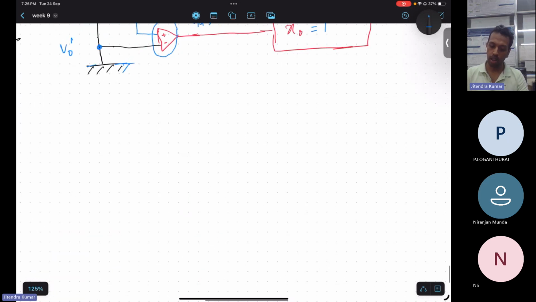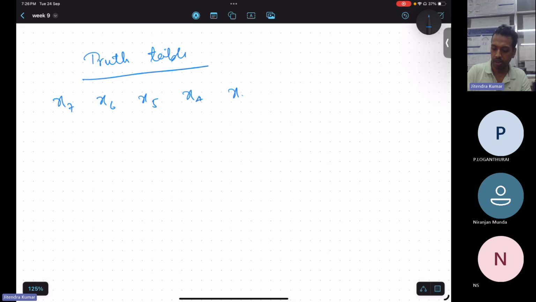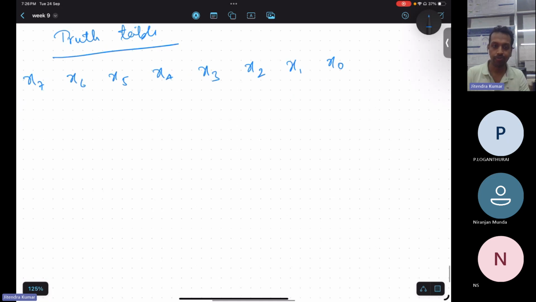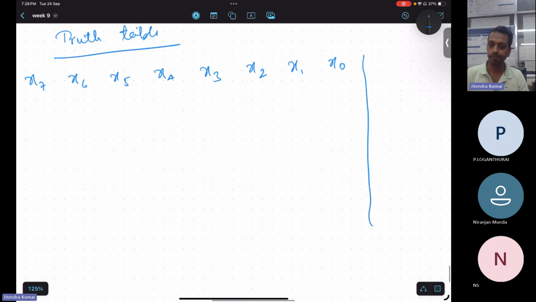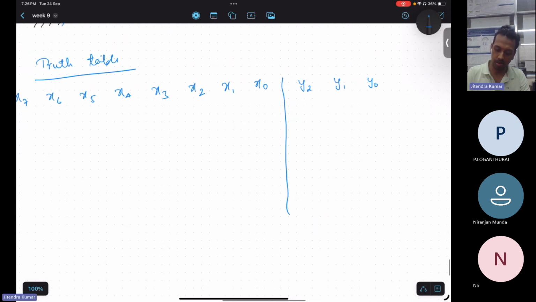Why I am saying if all the comparators are high, then output will be high: X7, X6, X5, X4, X3, X2, X1, X0. So these are our truth tables.